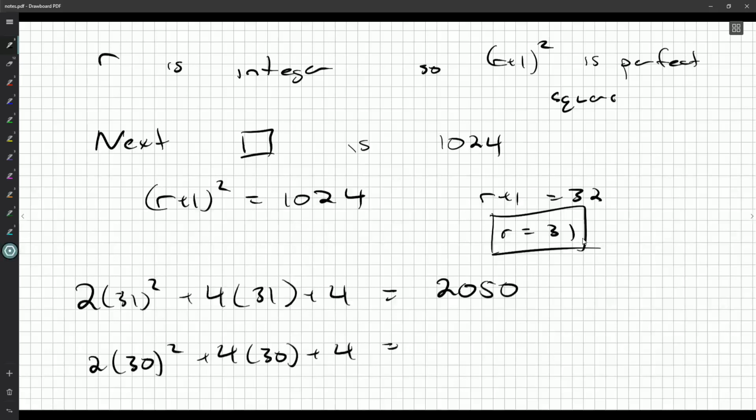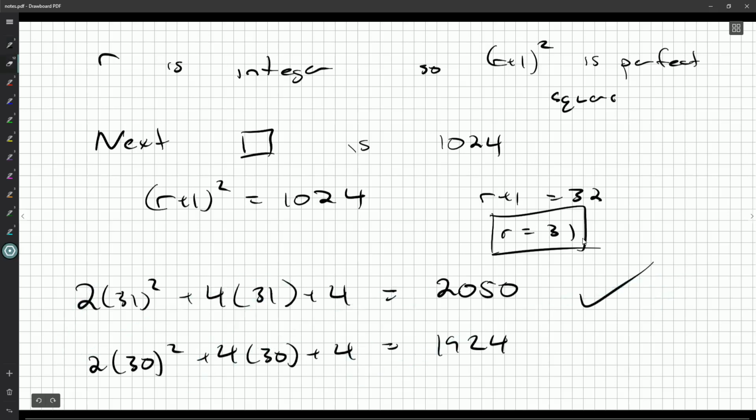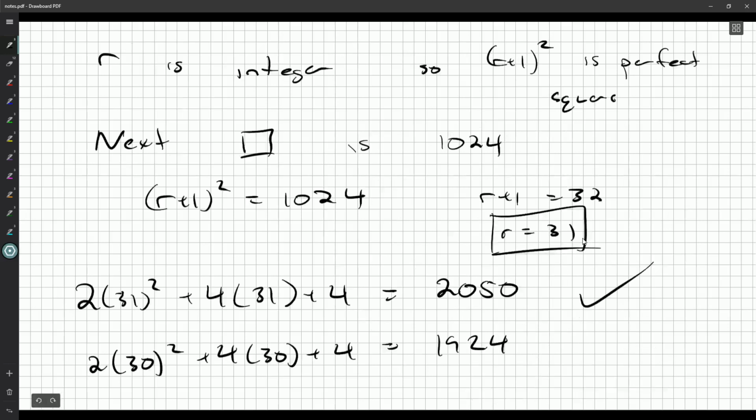So 900 times 2 plus 120 plus 4. 1924, so 31 really is the right answer. This is just me checking it. I don't actually have to include that in the question. I've explained my work here with the inequalities quite nicely, and I avoided having to do some sort of quadratic formula with the parabola, although you probably could do that just fine.